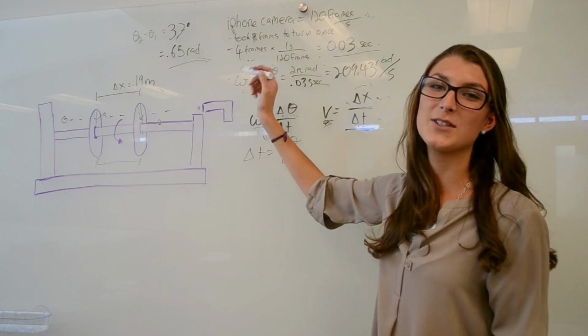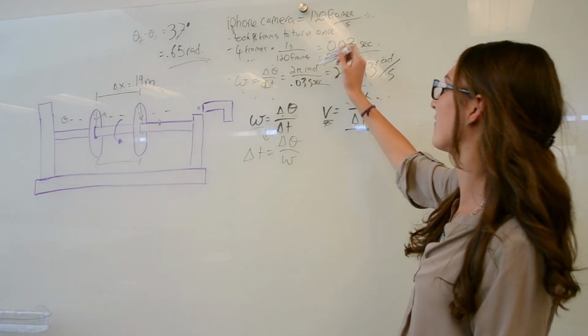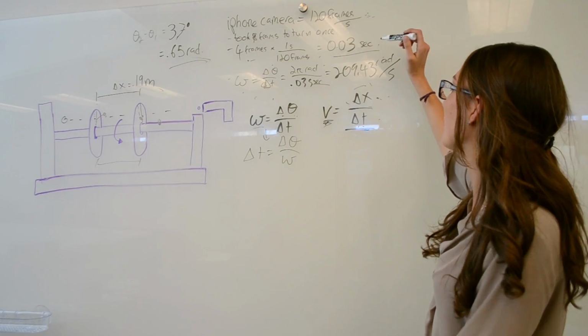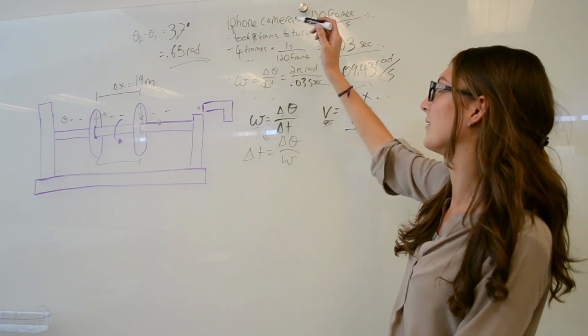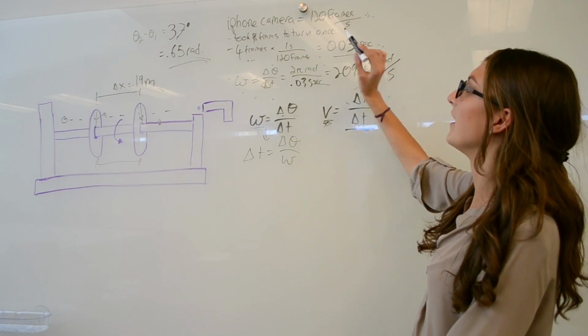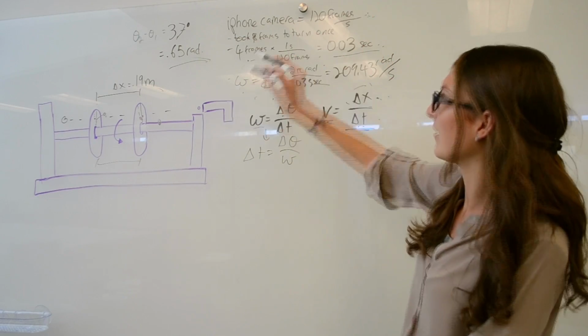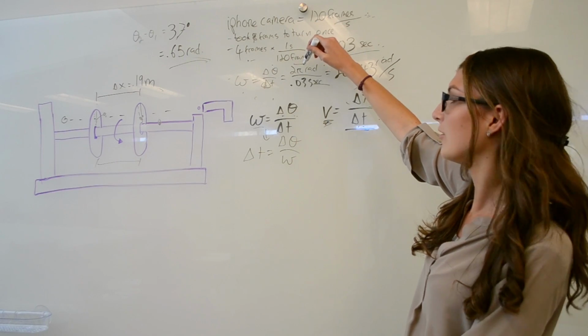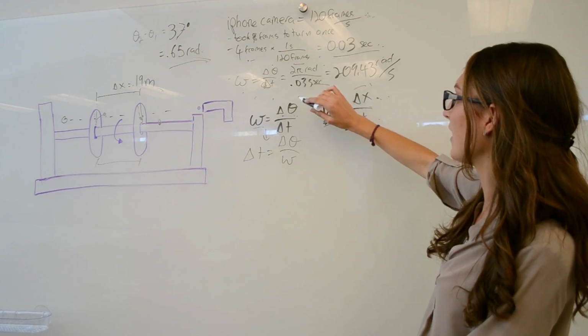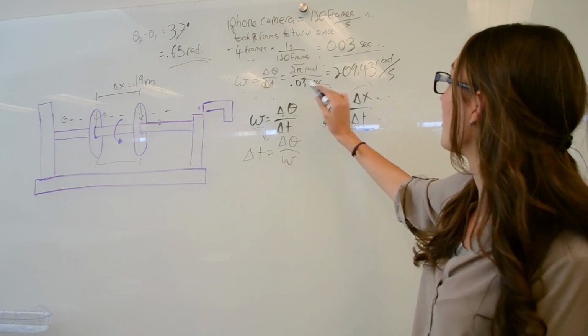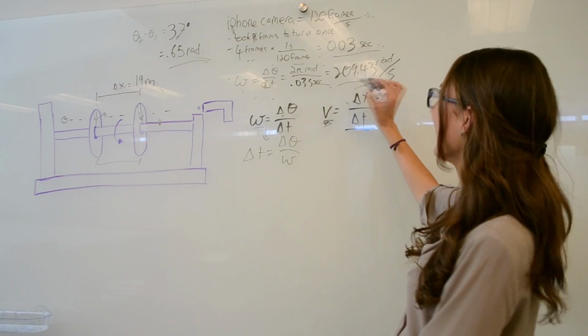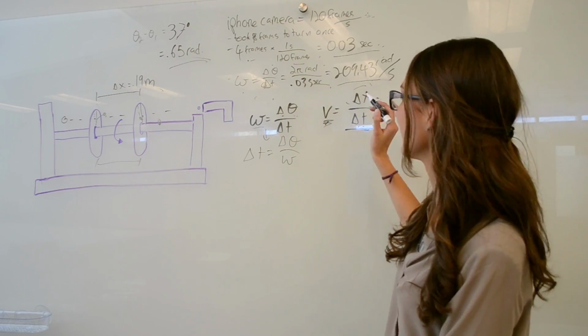So 4 frames divided by 120 frames per second is equal to 0.03 seconds. Omega is equal to delta theta over delta t, and since delta theta is turning once around, delta theta is 2 pi radians divided by 0.03. So we know that omega is 209.43 radians per second.